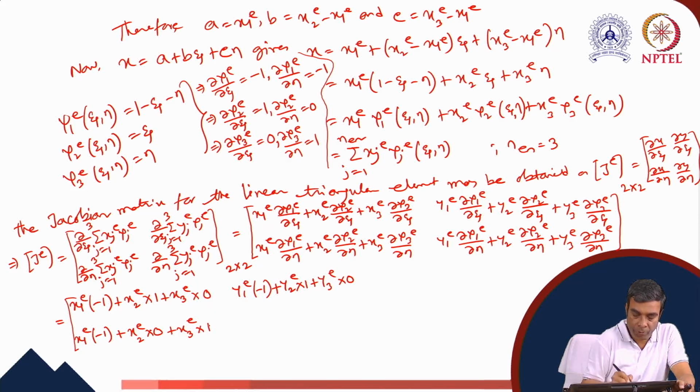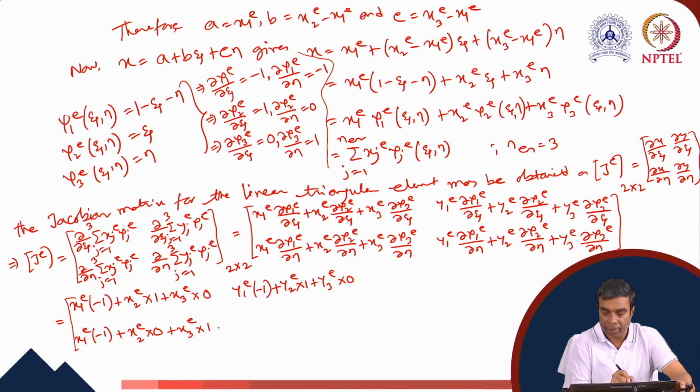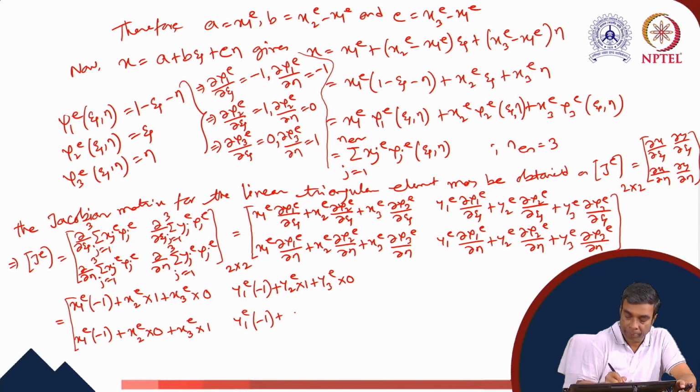So x3e into 1. In the last term of this matrix, we have y1e with the same derivatives: del psi 1e del eta is already minus 1, plus y2e del psi 2e del eta, which is 0, and del psi 3e del eta, already found as 1.